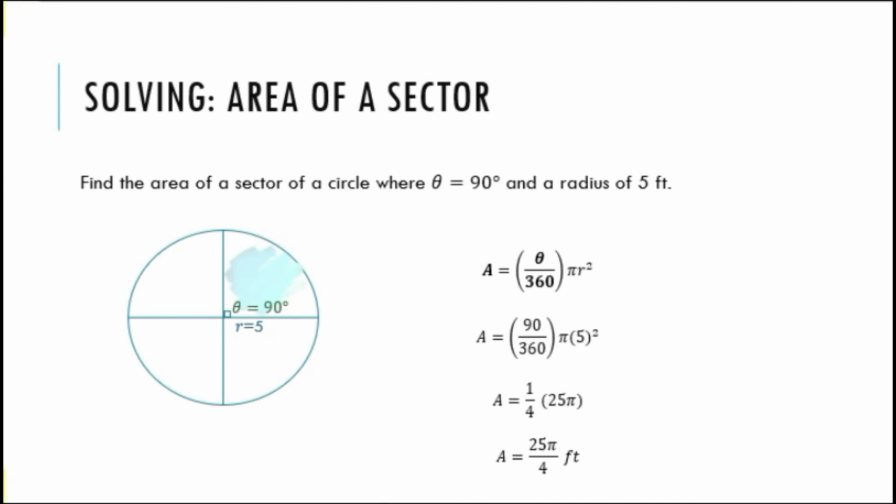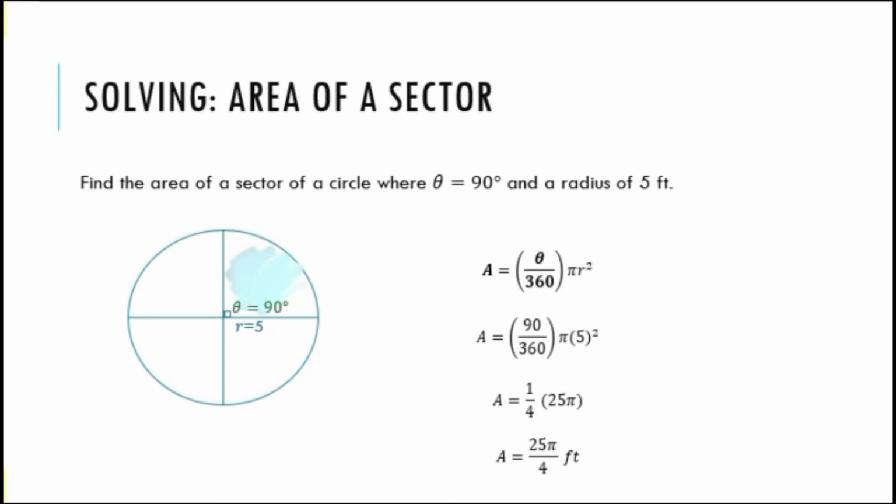As an example, here we are asked to find the area of a sector of a circle wherein the given angle, or theta, is 90 degrees, and it has a radius of 5 feet. So the given theta here is in degrees. So we can use this formula wherein the theta divided by 360 times pi r squared will give us the area of the sector.